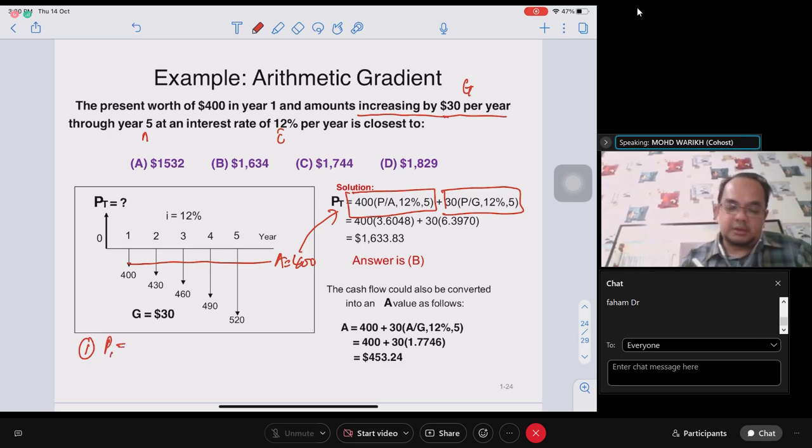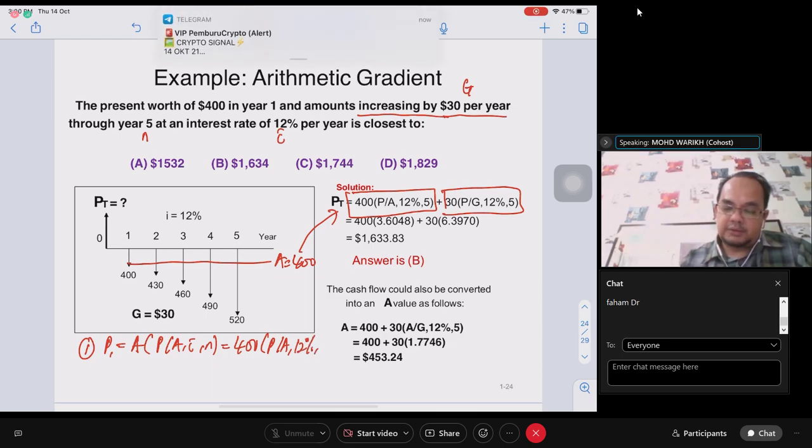A is given, so P over A, I, N. Or we just put it in. A is 400, P over A, 12%, 5.